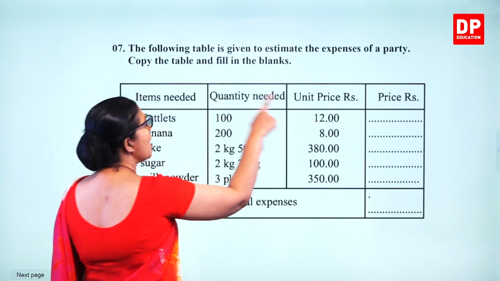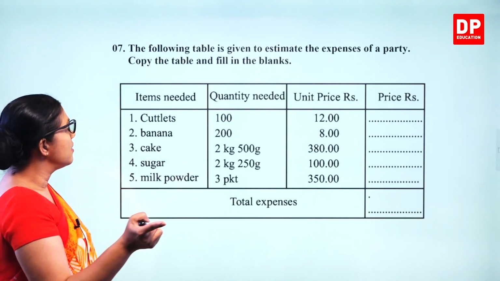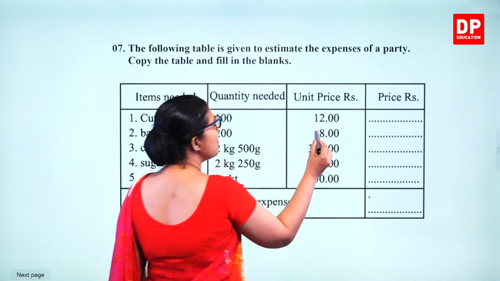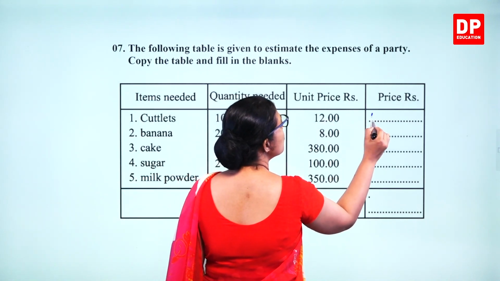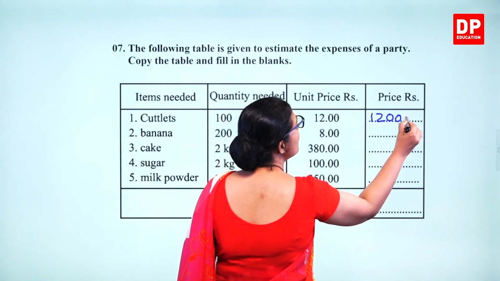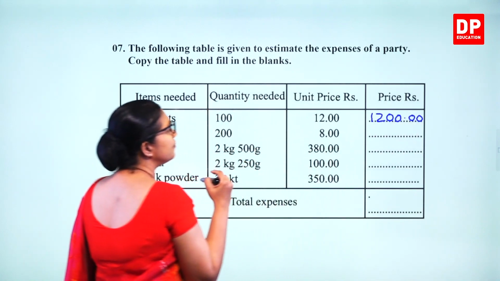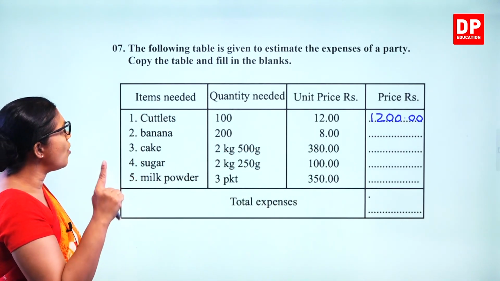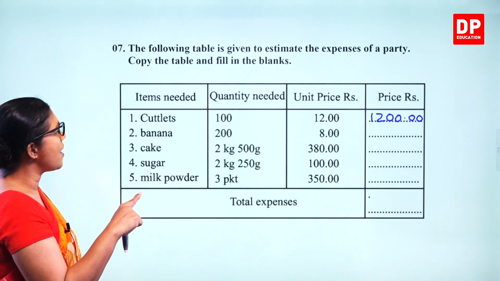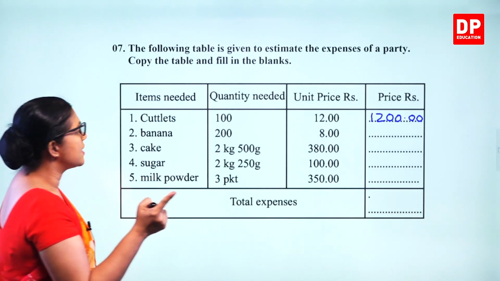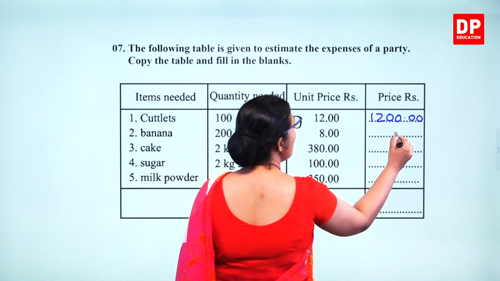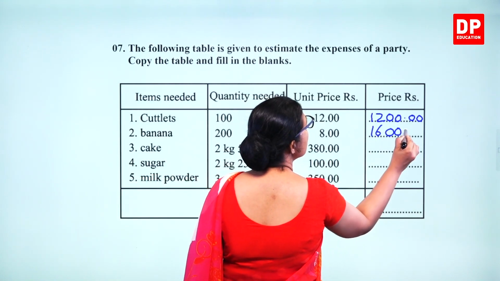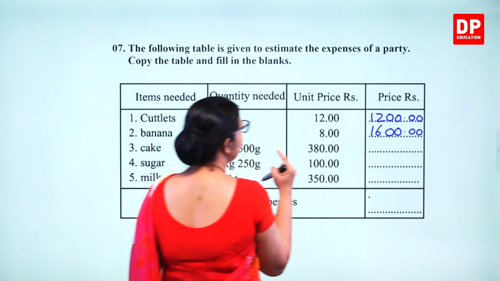One item is 12 rupees, 100 are there. 100 into 12, move the decimal place 2 places to the right. 1,200 rupees. One item is 8 rupees. 200 bananas, multiply by 8. 8 times 0, 0. 8 times 0, 0. 8 times 2, 16. 1,600.